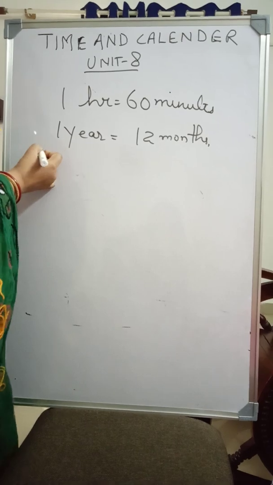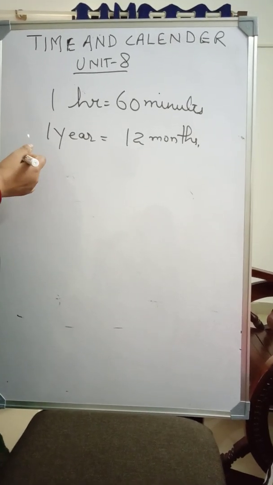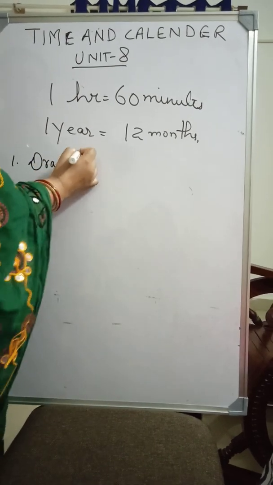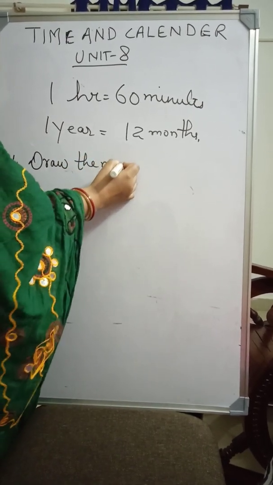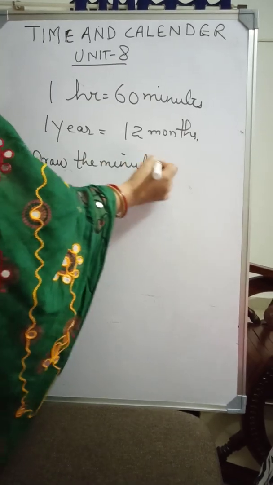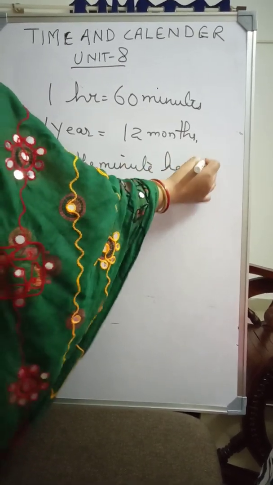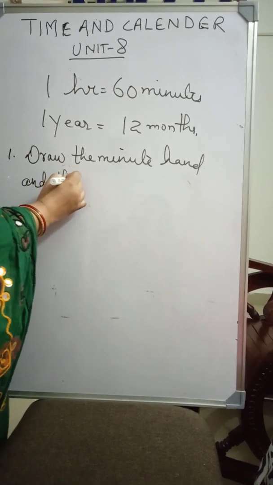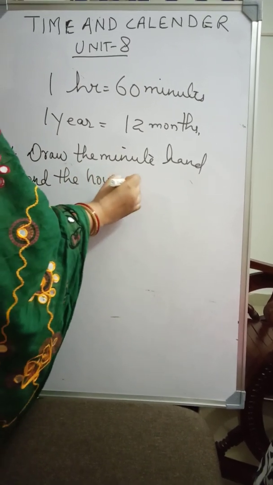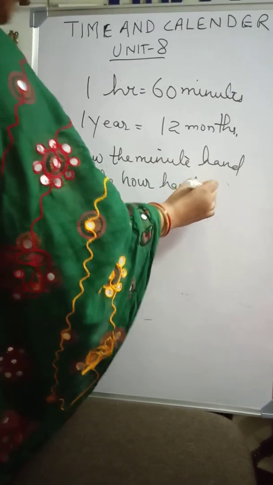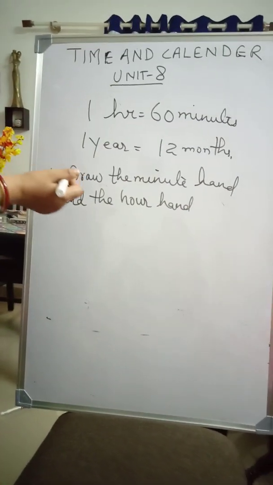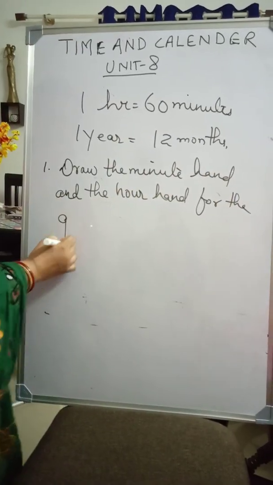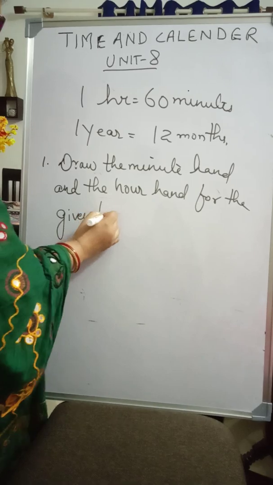The first question is: draw the minute hand and the hour hand for the given time. Correct?